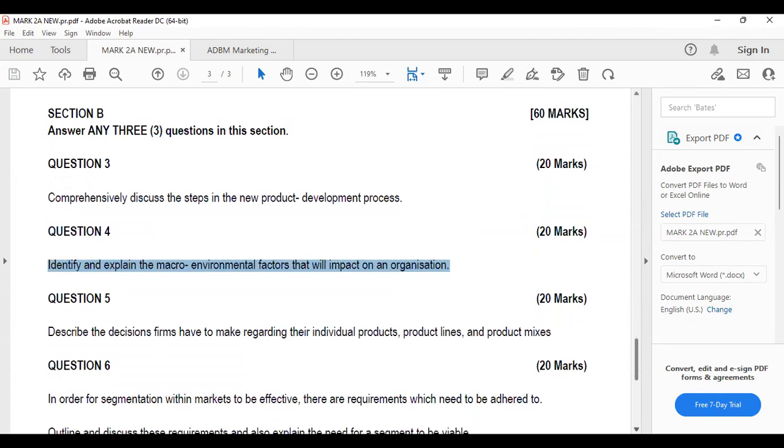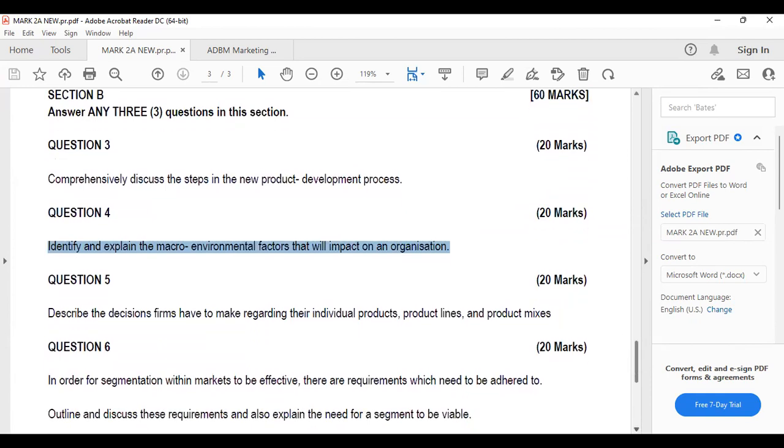Question 3 is saying here, comprehensively discuss the steps in the new product development process. Now, I think you would agree with me that this question is very, very easy. The reason why I'm saying that is it only requires you to discuss the steps.